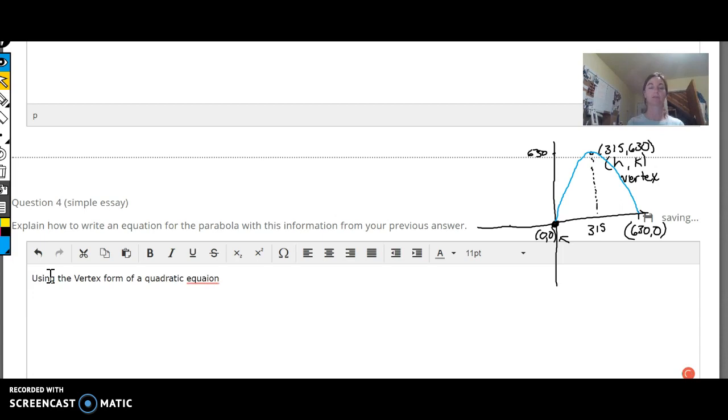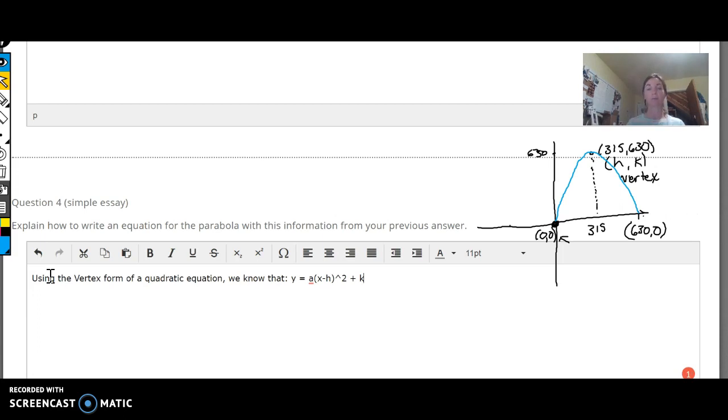Using the vertex form of a quadratic equation, we know that y equals a times x minus h squared plus k. So that's our vertex form, okay? Where the vertex is at h and k, and then what we have to do is solve for a.